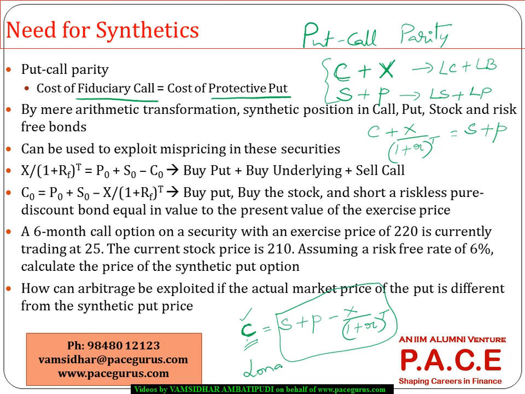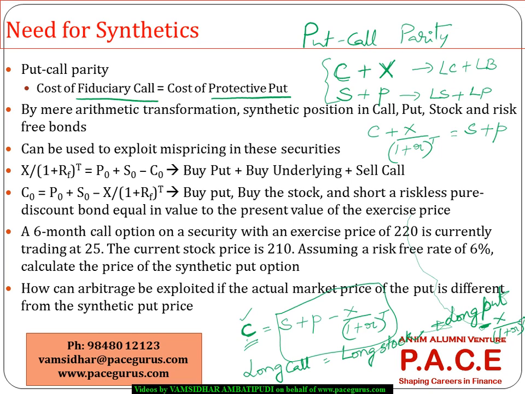A long call position: I'll go for long stock, which means I'll buy the share, plus long put, I'll buy a put option on the share, and short bond. Short bond means I am selling a bond, issuing a bond and raising capital.